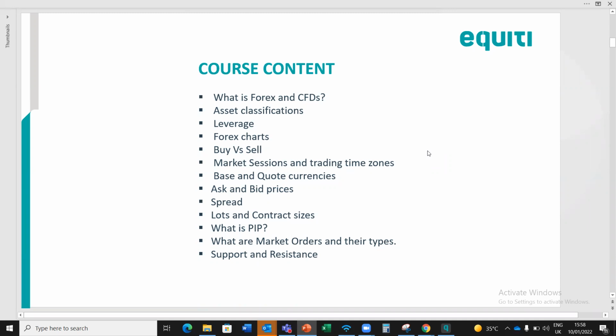Then we also talk a little about leverage, Forex charts, buy and sell, market sessions and trading time zones, base and quote currencies, ask and bid prices, spread, lots and contract sizes, what is a pip, what are the market orders and their types, and then finally support and resistance. These are all the things that we will be considering in the beginner's course.